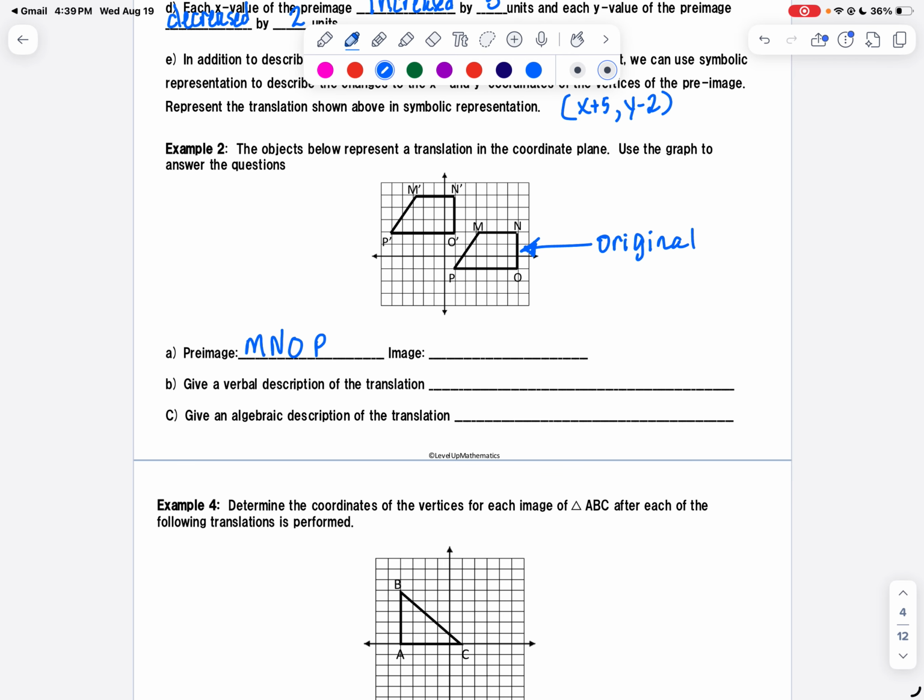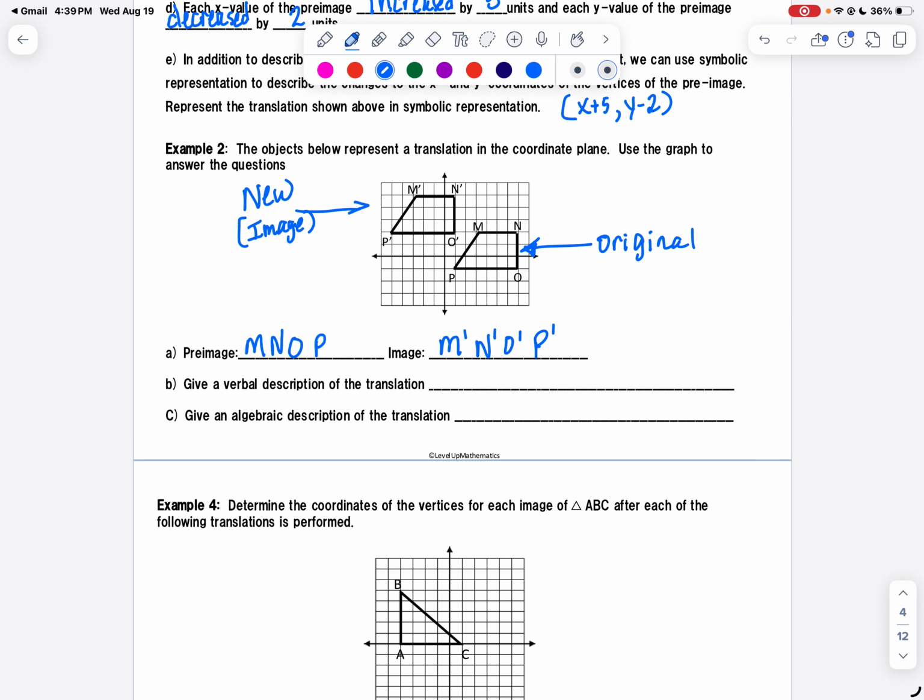Our image, this is our new shape, which is also known as the image, is M prime, N prime, O prime, P prime. And they want us to give a verbal description of the translation.